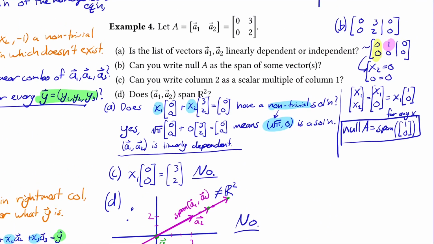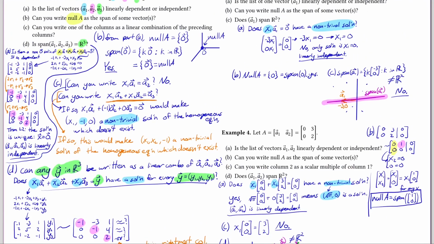With B, we solved for all the variables in terms of x1, and we can write any solution as a linear combination of these vectors with x1 as a weight, so that gives you the span of that vector. If the vectors are linearly independent, it means that the only solution is the trivial solution, and you can just write the trivial solution as the span of the 0 vector like we did over here.